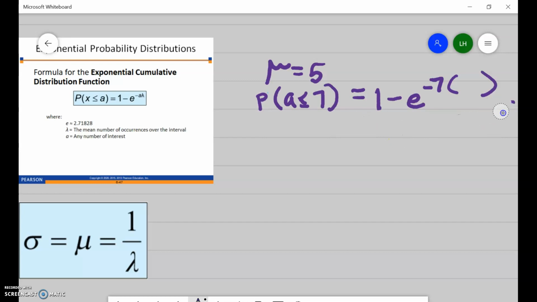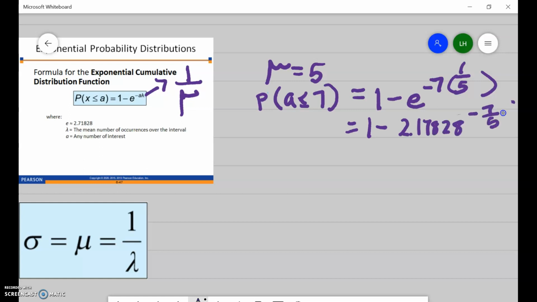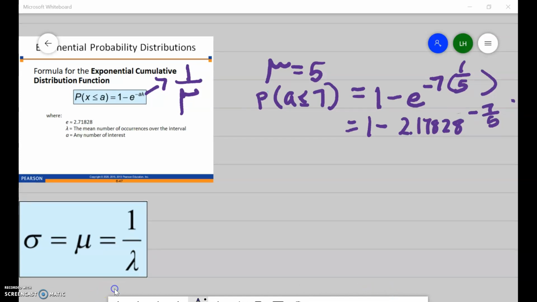To get the mean number of occurrences, you're going to plug in 1 over the mean here. So 1 over 5. So we're going to do 1 minus 2.71828 to the negative 7/5 power. And we're going to plug that into the calculator and see what we get.